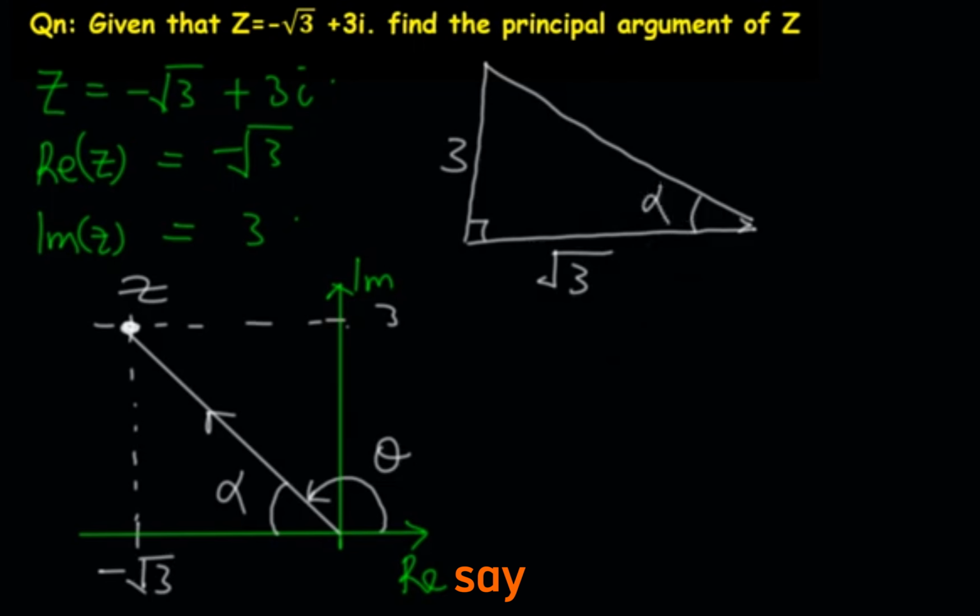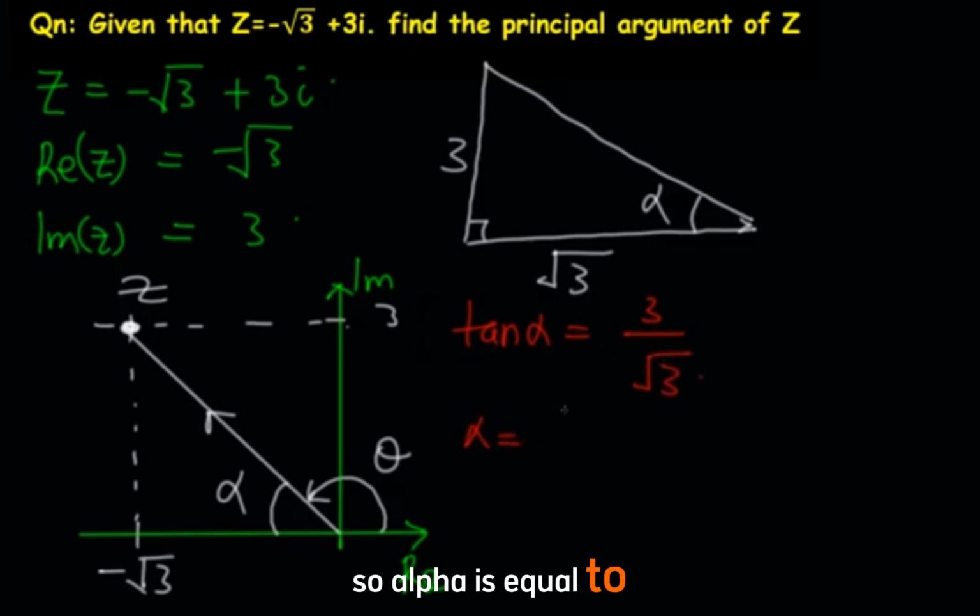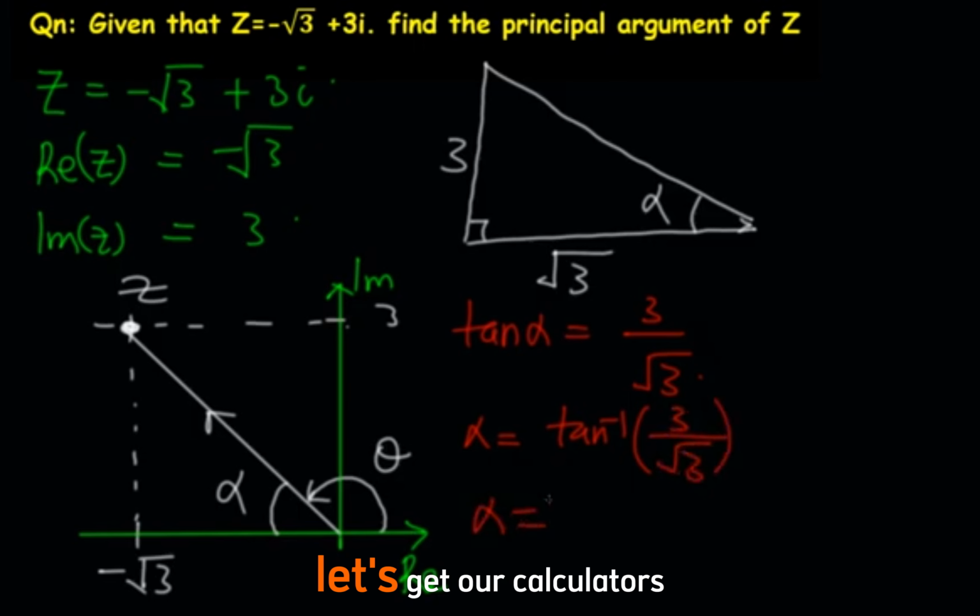So we are going to say tan alpha is equal to opposite over adjacent. So alpha is equal to tan inverse of 3 over root 3. Let's get our calculators and obtain alpha. So alpha is equal to 60 degrees.